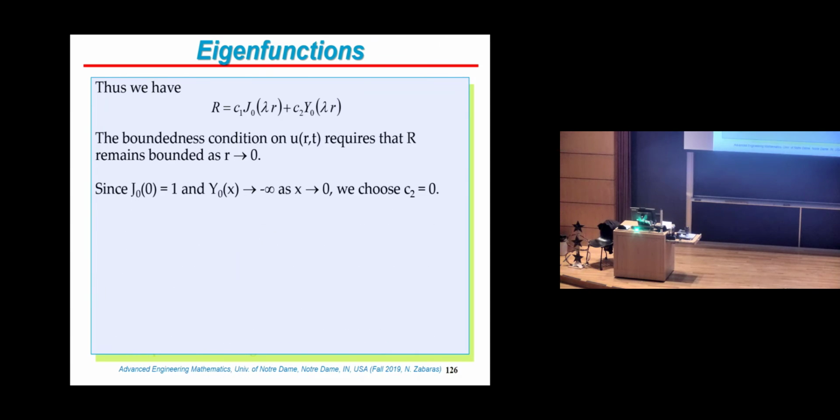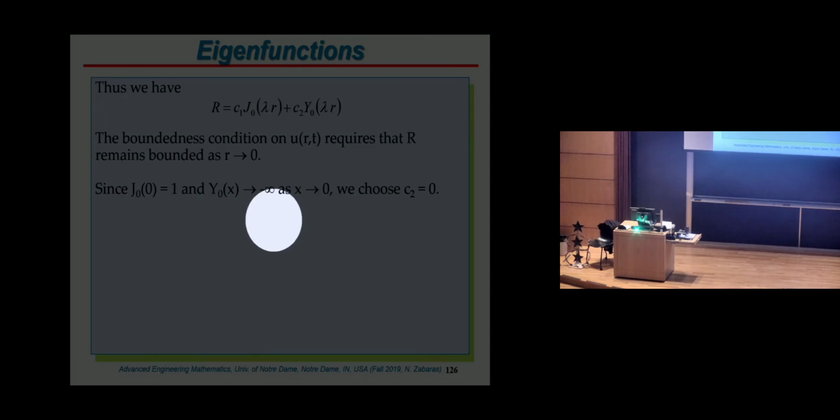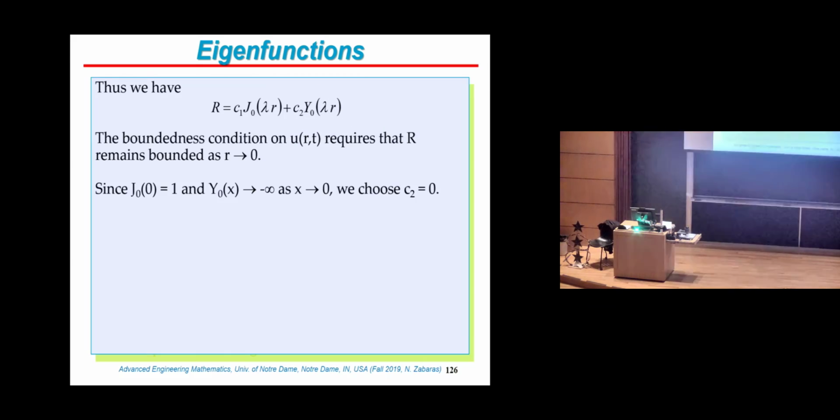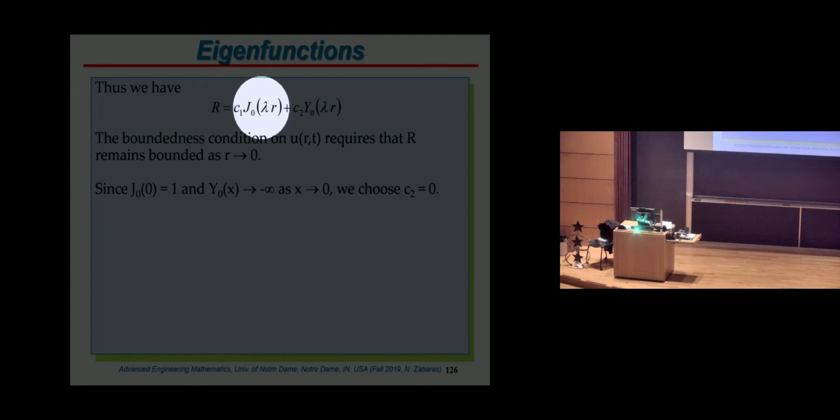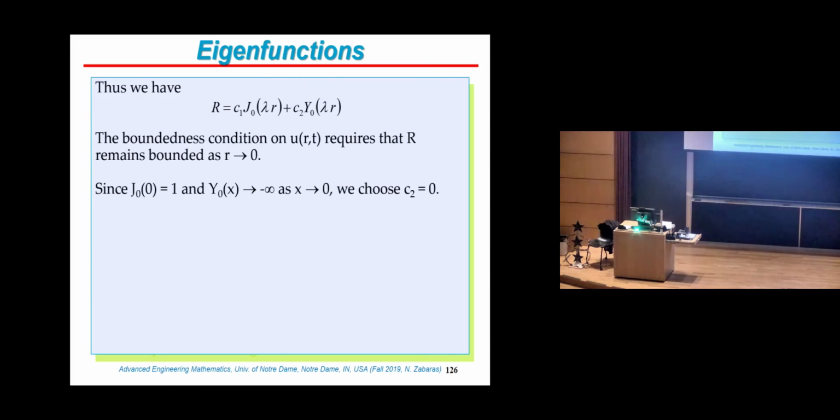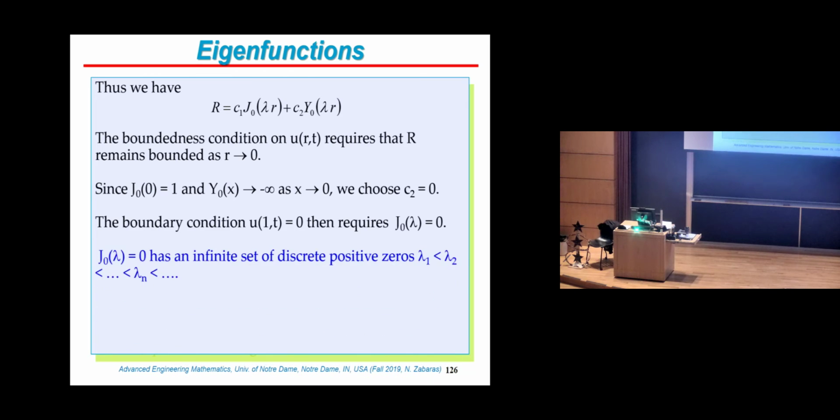You remember the second kind Bessel function blows up at R equal to 0. So you're not going to have a membrane that goes to infinity at R equals 0. So this thing drops out. So this is the only thing you have. And because the displacements at R equal to 1 are 0, the zeros of J0 of lambda will be the eigenvalues you are looking for. And then you have the eigenfunctions.